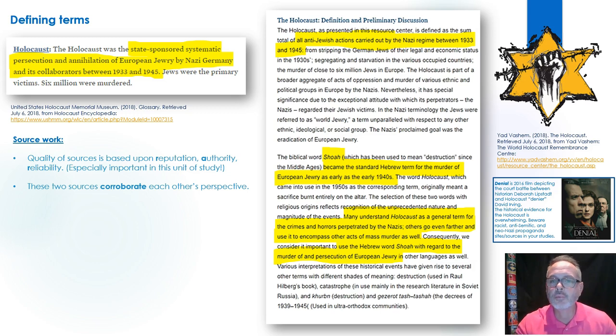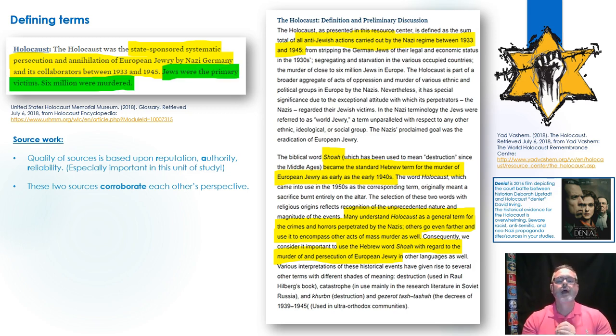We think it's really important, they say at Yad Vashem, to use the Hebrew word Shoah with regard to the persecution of European Jews, not just the word Holocaust. That the word destruction, Shoah, in Hebrew, is considered by Yad Vashem to be a better word than others. And it goes on further in its definition to raise some ideas there.